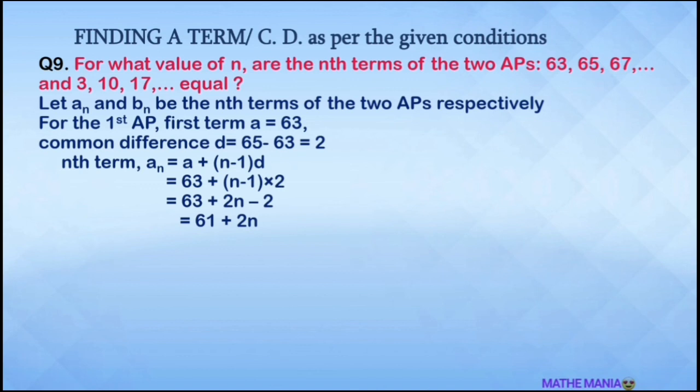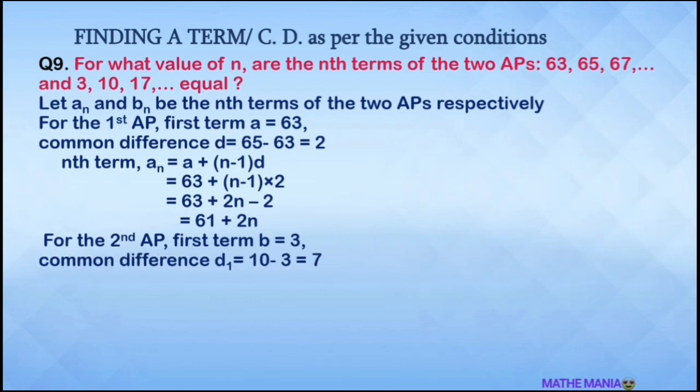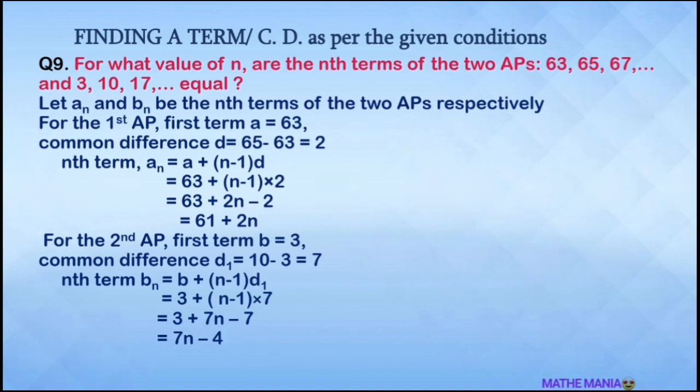On replacing the values and simplifying it by opening the brackets, we get 63 plus 2n minus 2 or 61 plus 2n. Similarly, for the second AP, we can take the first term as b and denote the common difference by d1. So d1 is equal to 10 minus 3 equal to 7, and we can find the nth term bn, which comes out to be 3 plus (n minus 1) into 7 or 7n minus 4.